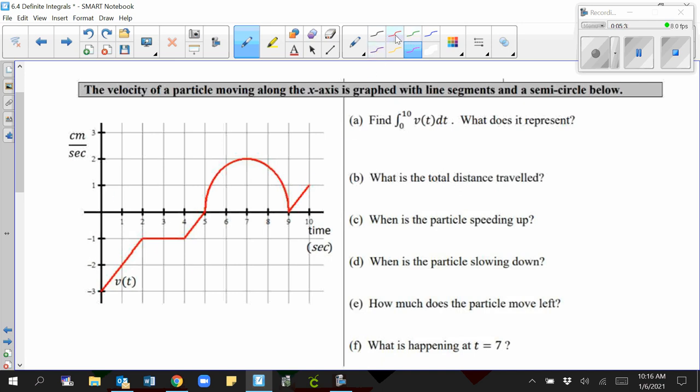So I'm going to break it down into some smaller sections that are going to be a little bit easier for us. I'm going to have my first shape, which is going to be a trapezoid kind of looking shape. Let's draw that line a little bit better. Then my second shape is also going to be a trapezoid right here.